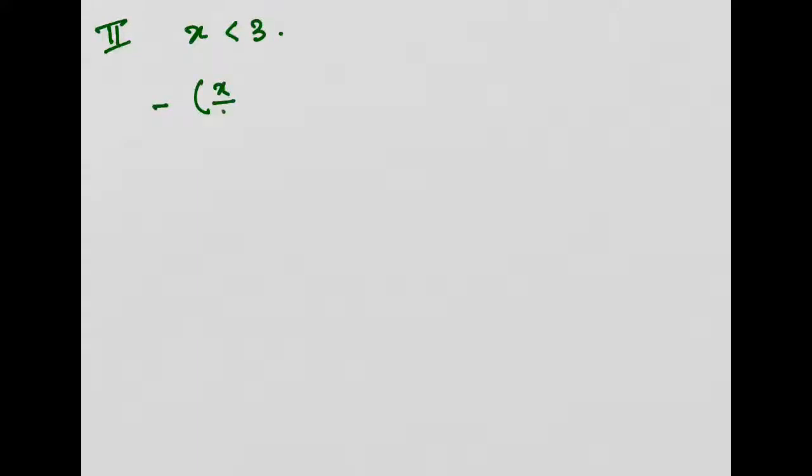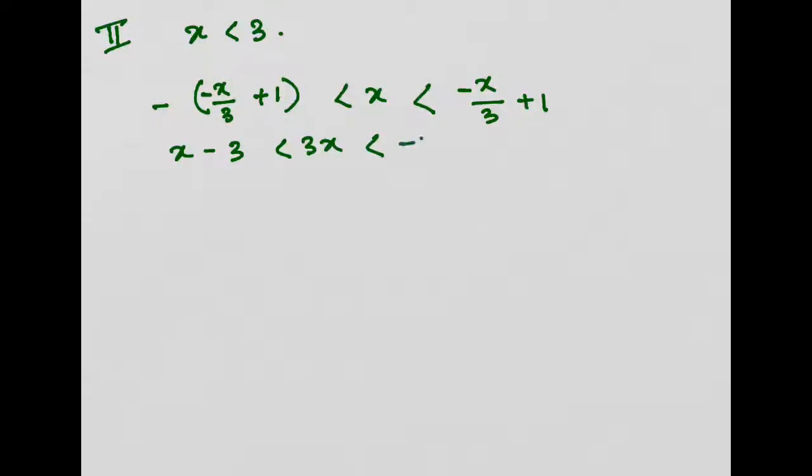So minus, it was actually plus 1, yes: minus x by 3 plus 1 on the right side. The same thing I am multiplying with 3 and here minus 1 as well. What I am getting: x minus 3 less than 3x less than minus x plus 3.